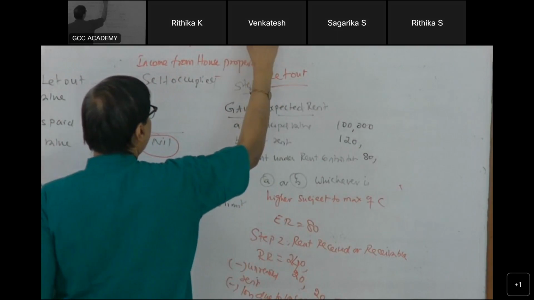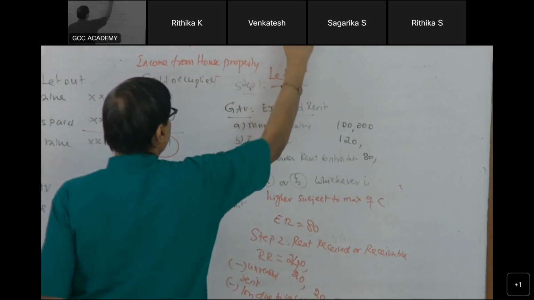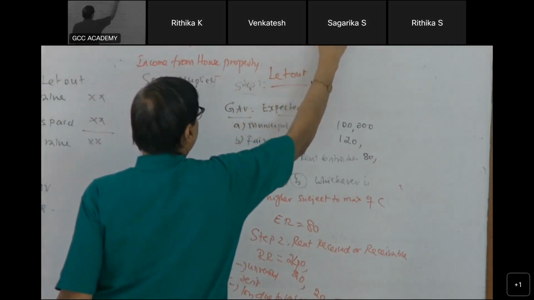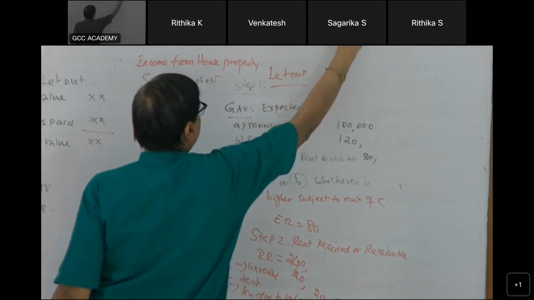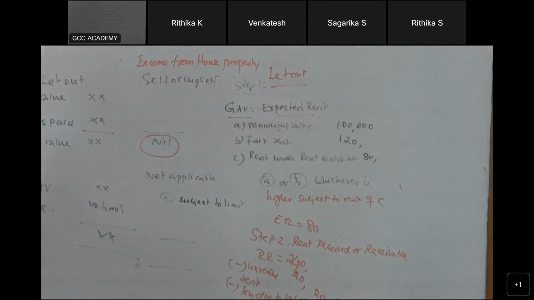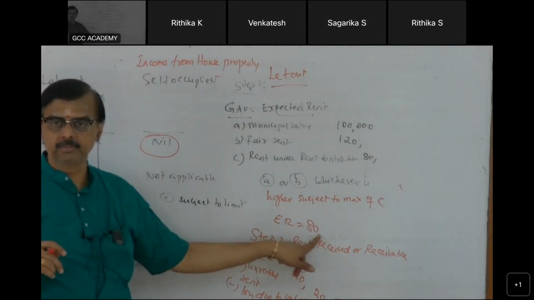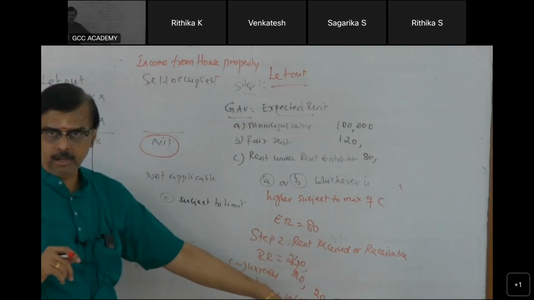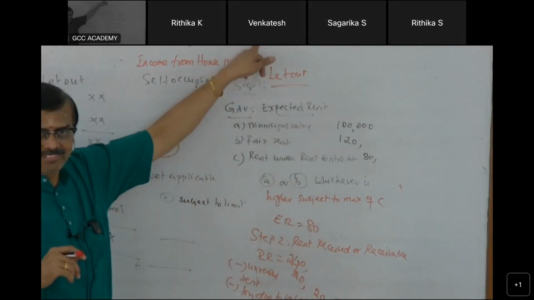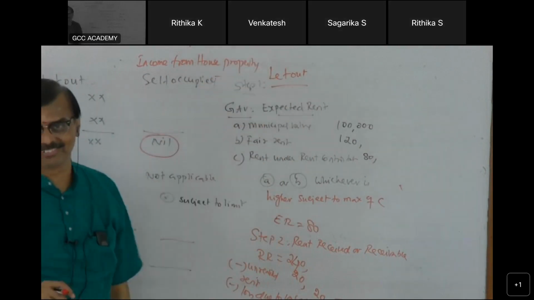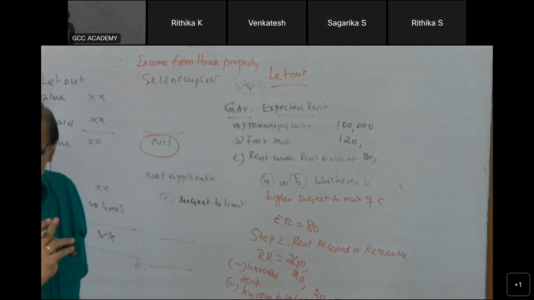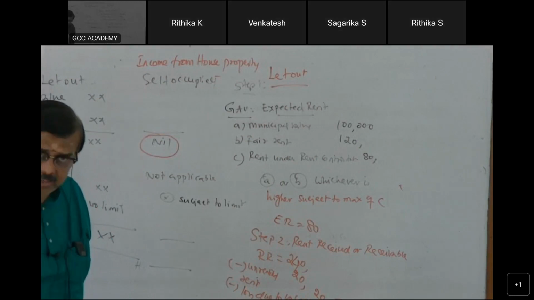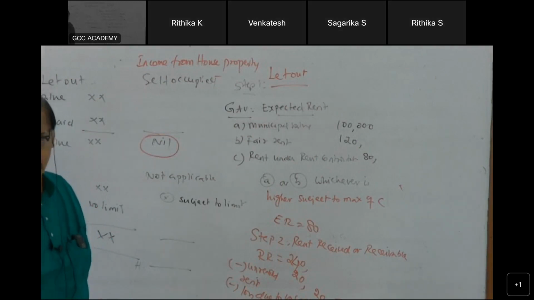If RR is greater than ER, then RR is GAV. இதுல ER எவ்வளவு? RR எவ்வளவு? அப்ப GAV எவ்வளவு? 200. If RR is greater than ER, then RR is GAV.